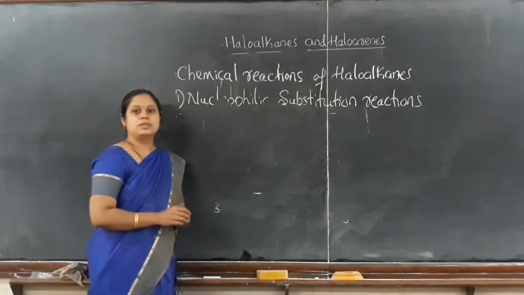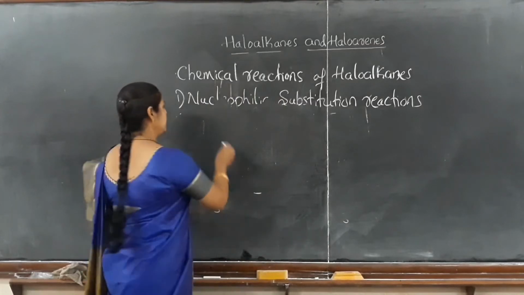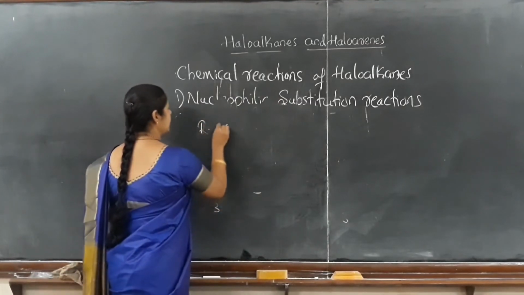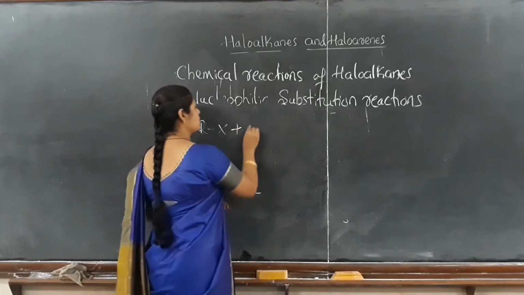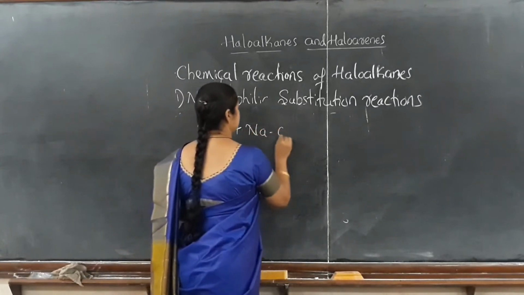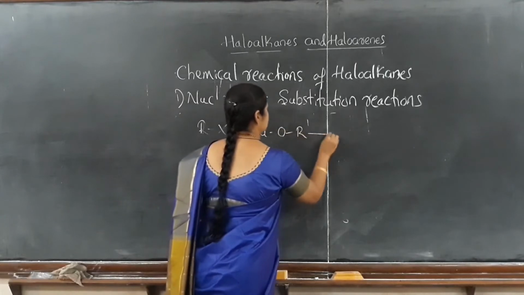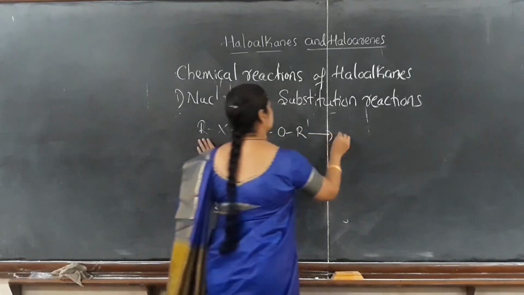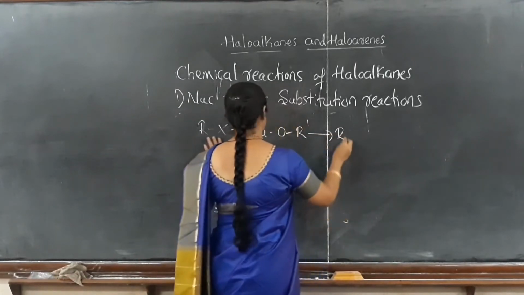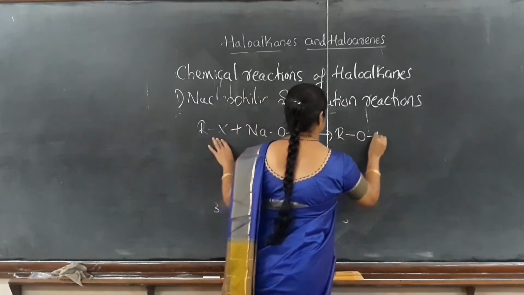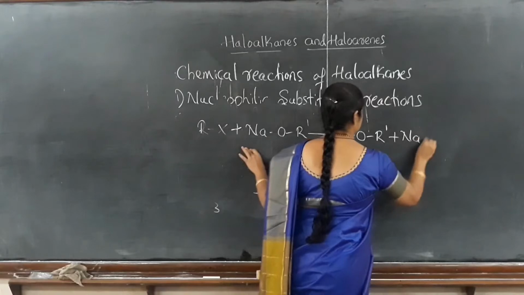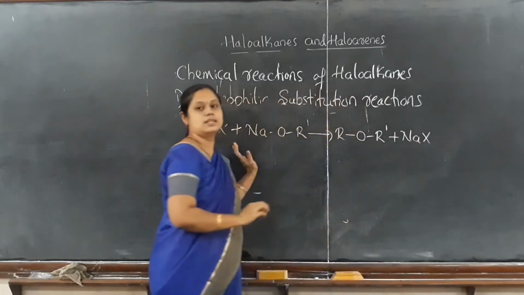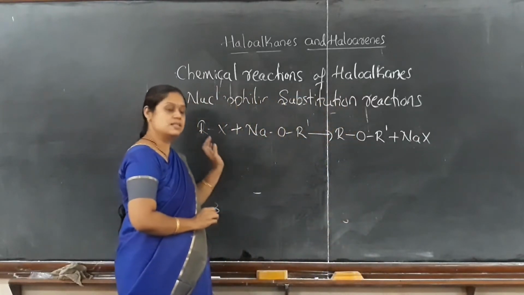Let me take the next example. When an alkyl halide is treated with sodium alkoxide, an ether is formed, and this is called Williamson's synthesis.